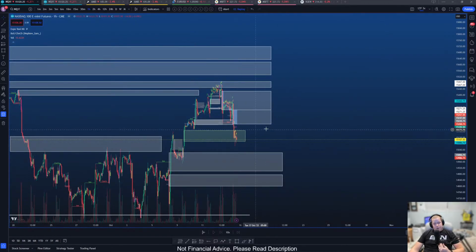I don't know which one it's going to reject. It could jump through this one, jump through that one, jump through this one, hit this fourth one and go down. And then after that happens, the 3 or 4 that got left behind are going to be invalidated, so I'll take them off my chart. But until they are invalidated, I will be holding.